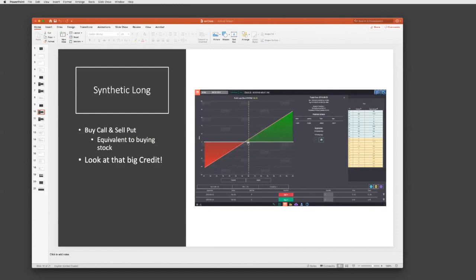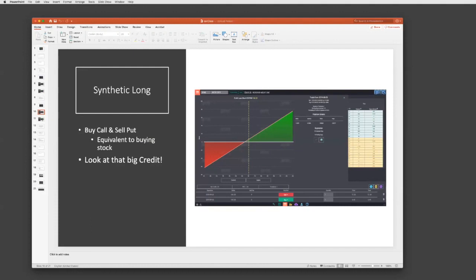That's the difference in time value between these two options. That's a huge difference in time value. Huge. And that's what's giving us our really big rate of return on this trade.